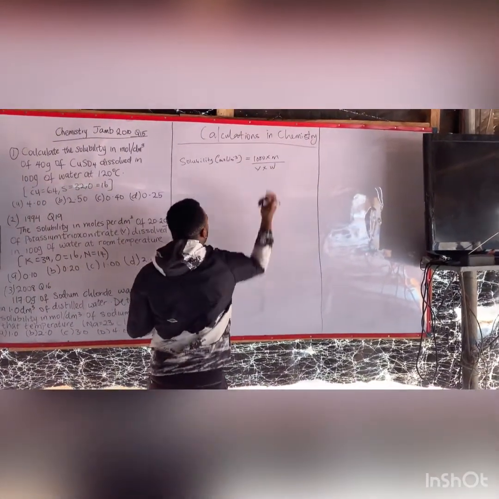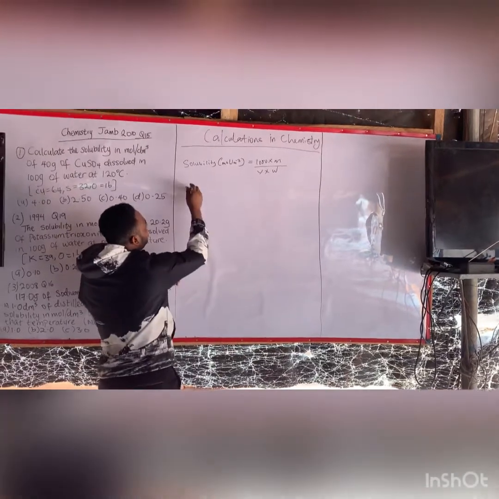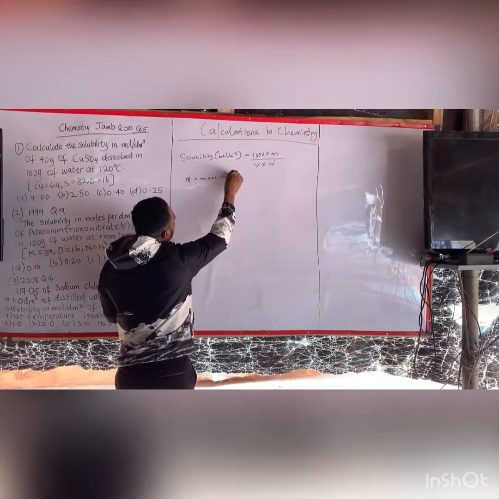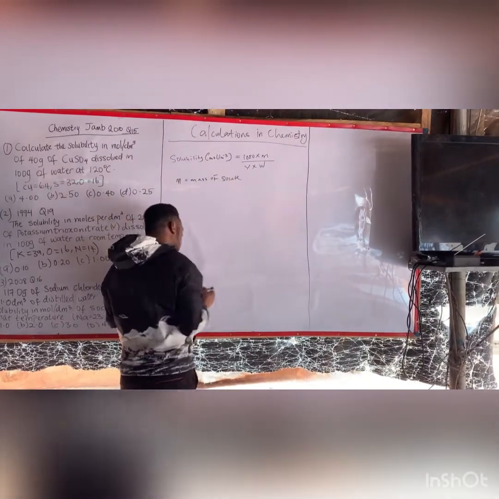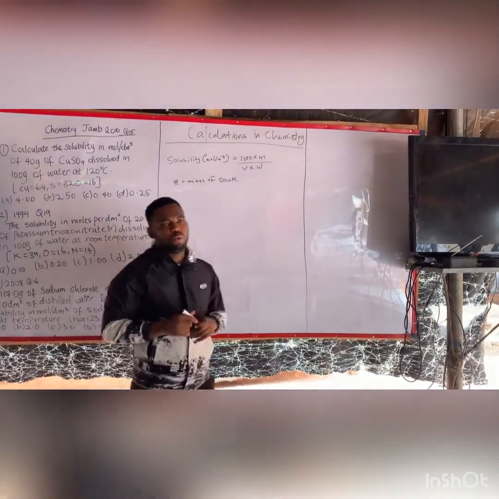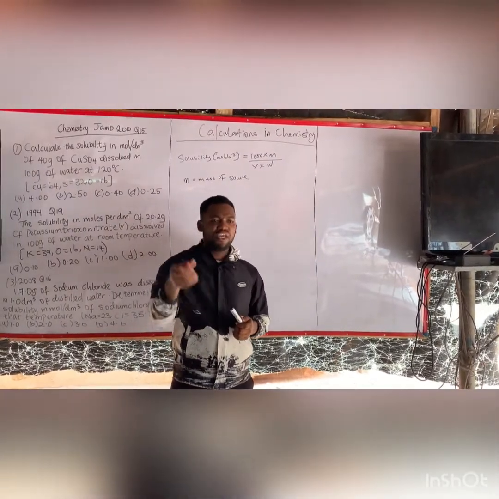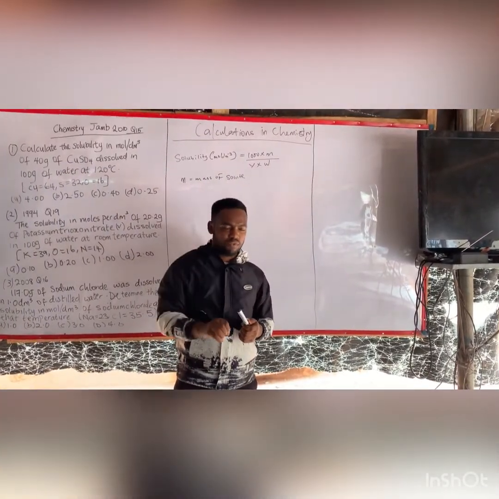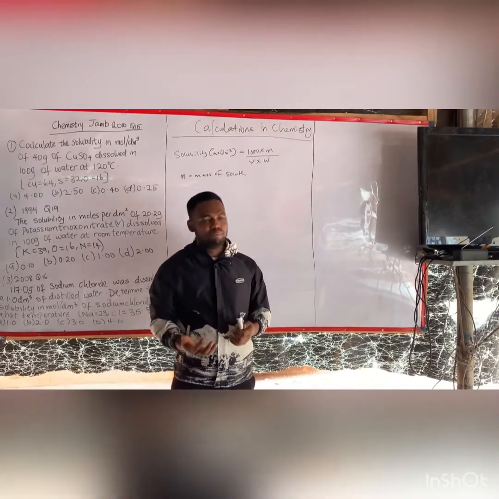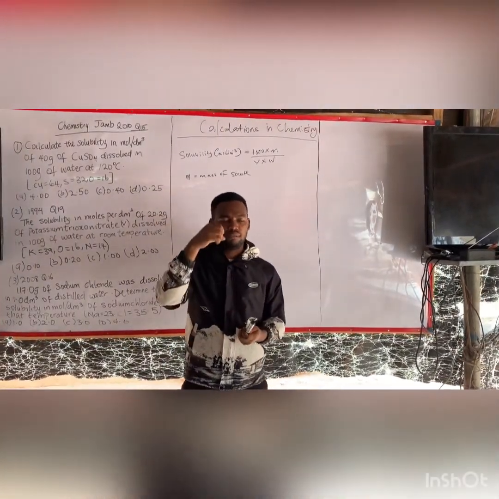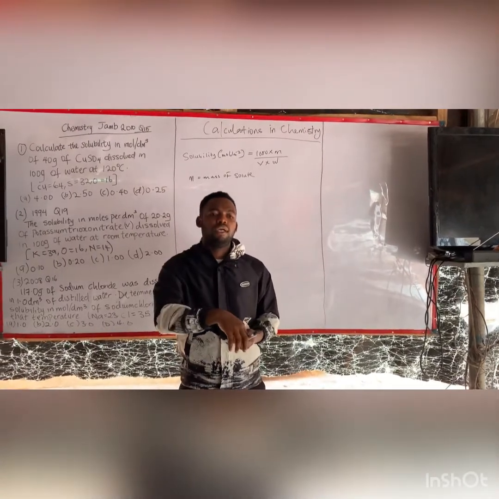Now let's explain what the parameters in the formula are. The m stands for what? Mass of solute. Now, from basic chemistry, we understood that if a solute is dissolved in a solvent, for example, in your home, you want to make a cup of tea, you dissolve Milo and milk in hot water.